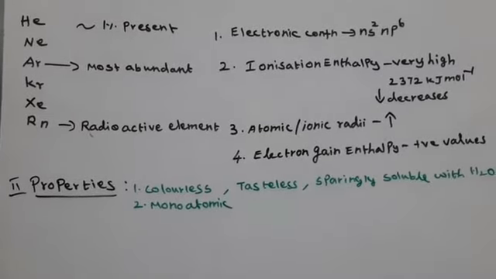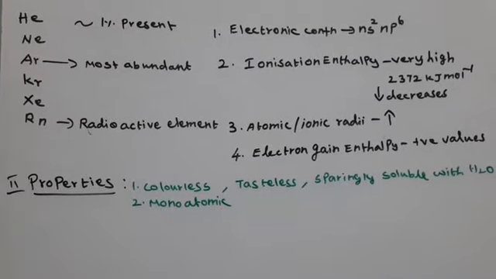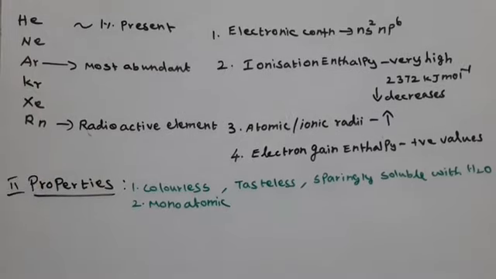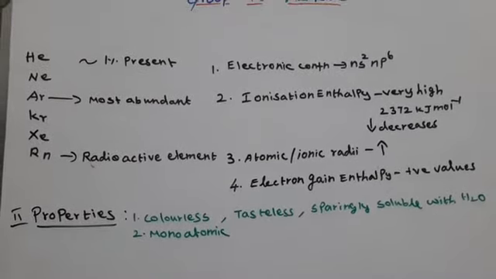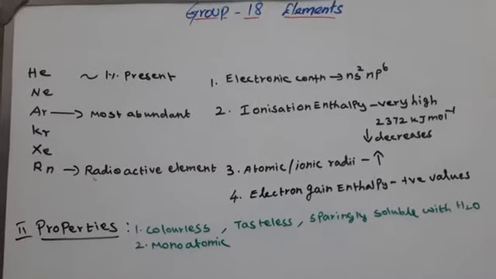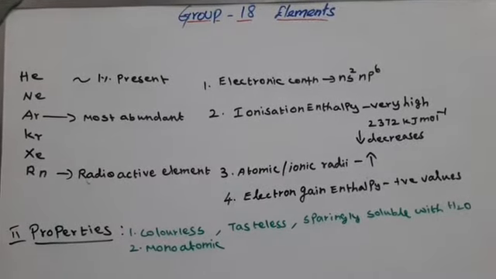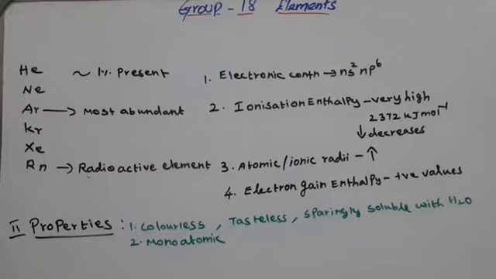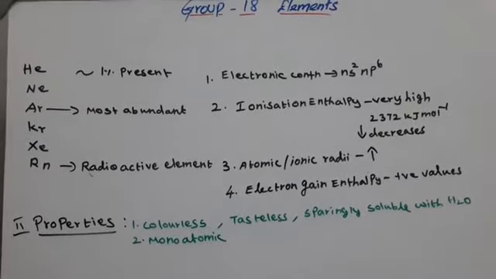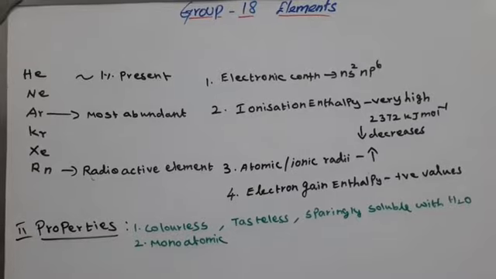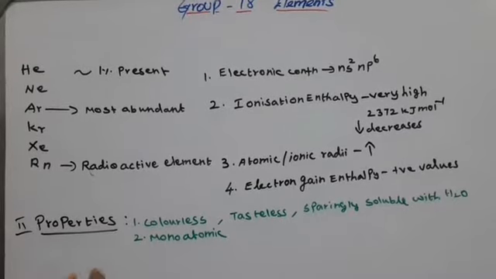Group 18 elements have low melting and boiling points. What is the reason? It is because of their monoatomic nature. The interatomic forces create weak dispersion forces or weak van der Waals forces of attraction.